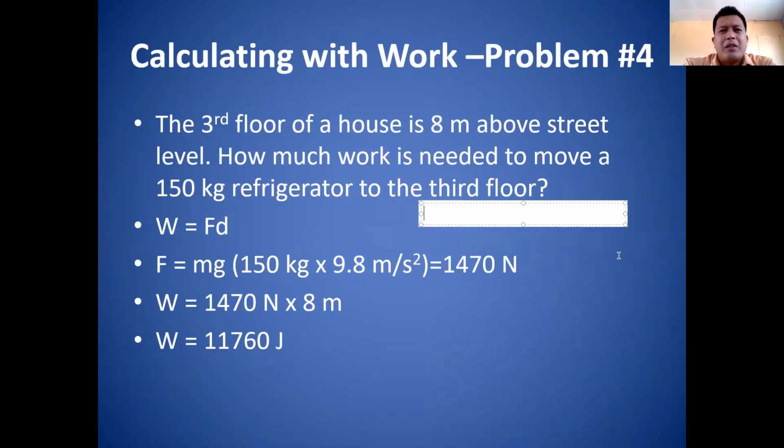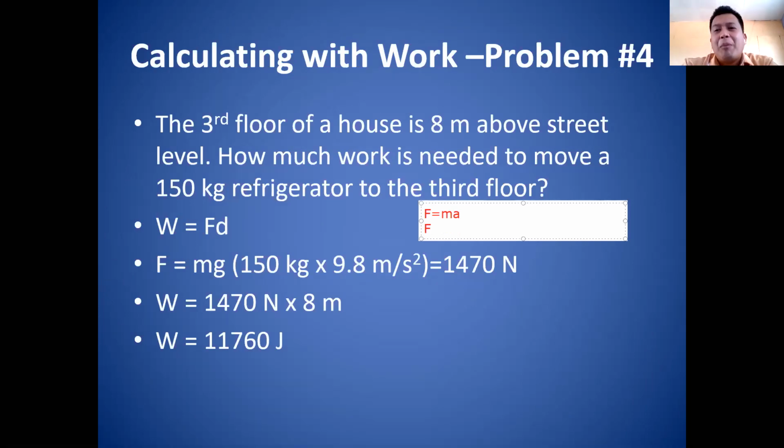Di ba, when we talk about force, class, it is mass times acceleration, tama? But this kind of force right now is an upward force. An upward force can be equated to weight. And what is the formula for weight? Mass times gravity.